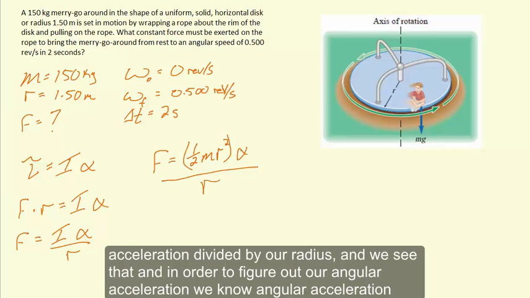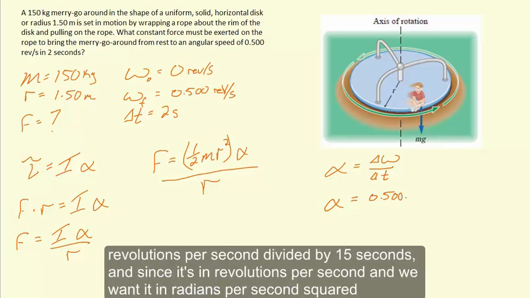And in order to figure out our angular acceleration, angular acceleration is equal to our change in angular speed divided by our change in time. So our final angular speed was 0.5 revolutions per second divided by 2 seconds.